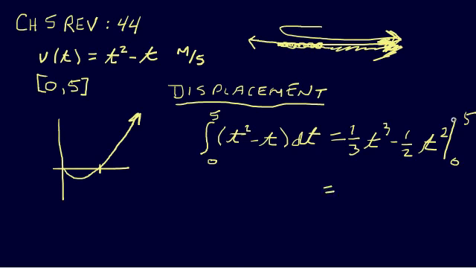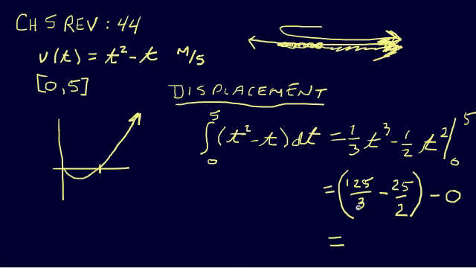At 5, we get 5 cubed, which is 125, so we have 125 times 1/3 minus 5 squared, which is 25. 25 times 1/2 is 25 halves. And from that we need to subtract the value at 0, but the value at 0 is 0. So this is my value at 5.